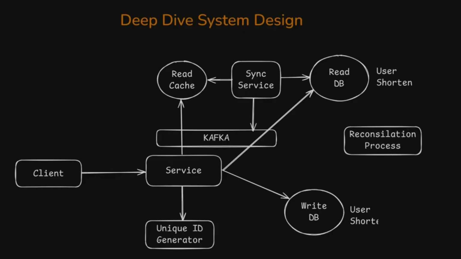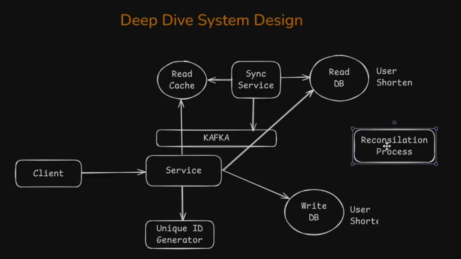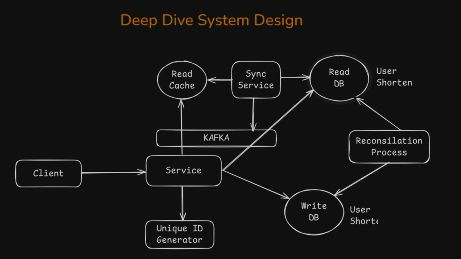This reconciliation process would be a cron job or any service which would run periodically and fetch these records from the primary DB and put them in the secondary DB. Right? It can put them into the secondary DB, or it can write to the Kafka as well. Since it is a backup plan, we can write at multiple places.